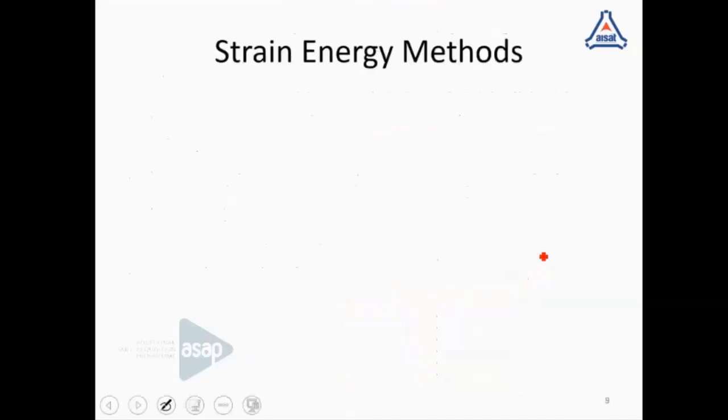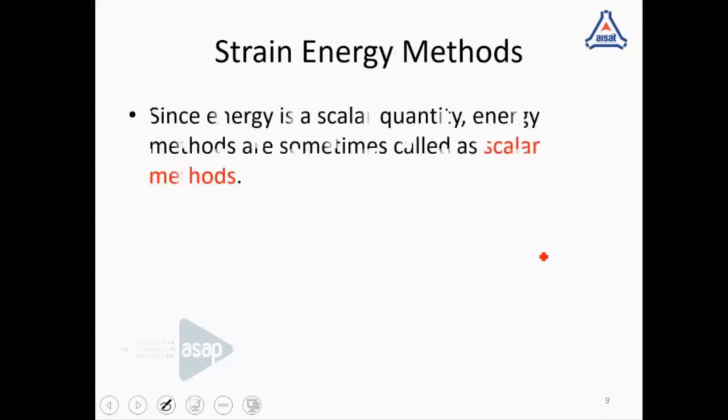Coming to the strain energy methods, and what is meant by a strain energy method and how or why it is used. The major advantage of a strain energy method is that it is a scalar method, because energy is a scalar quantity, and we know what is a vector quantity and what is a tensor.